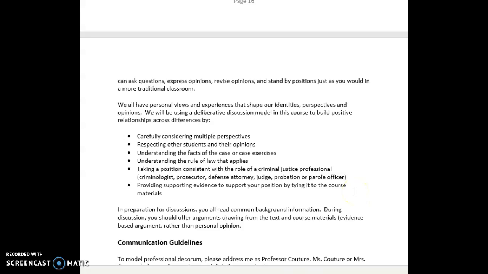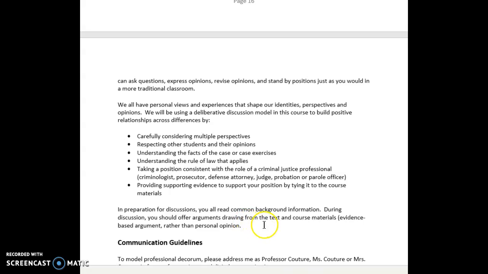We are going to be using a collaborative model here where we recognize we all have different identities, perspectives, and opinions. However, we're going to try and respect the thinking of other people. I will, however, expect that if you're making a statement that this theory works or it doesn't work, or this is why this person committed a crime, or this is what the appropriate sanction should be now that the person has been convicted, that we're moving beyond personal opinions or even common sense.